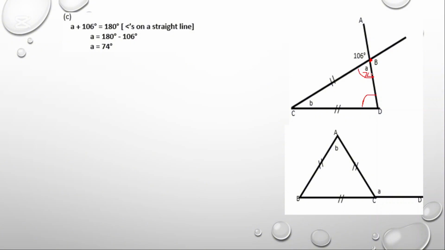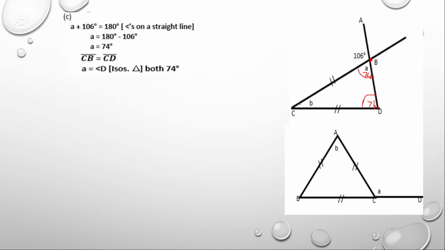So immediately you know if this one is 74, that angle D must be 74, because we know it's an isosceles triangle, but you must tell me in the next step it's an isosceles triangle. So you say CB is equal to CD.